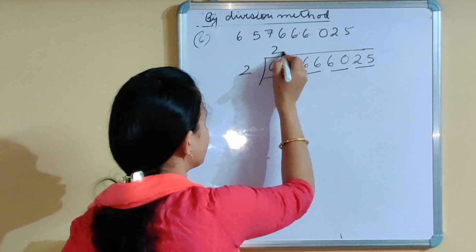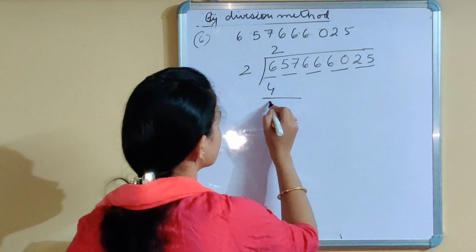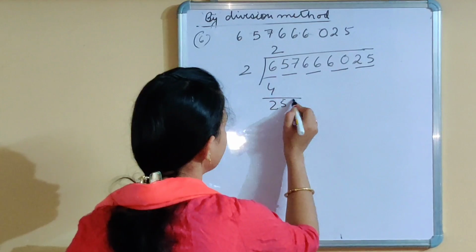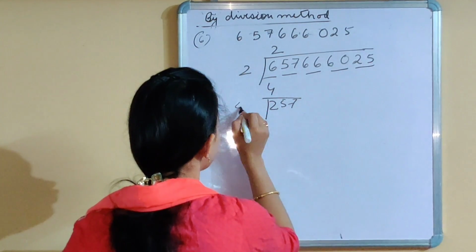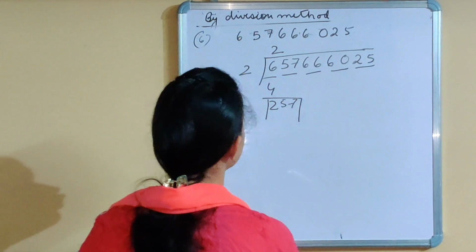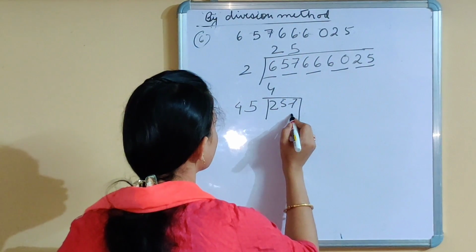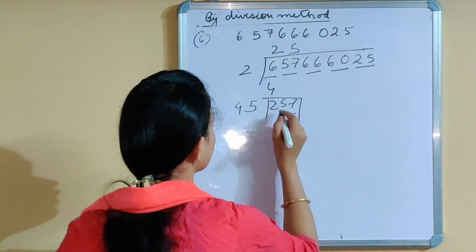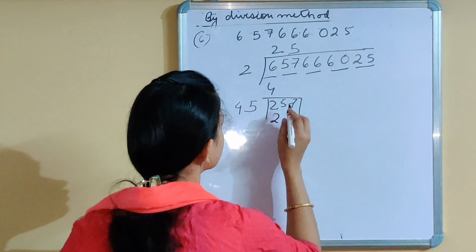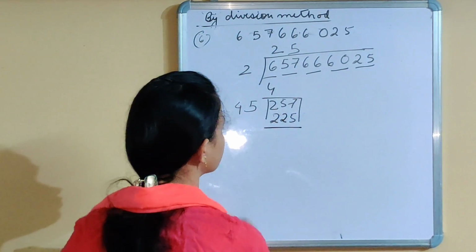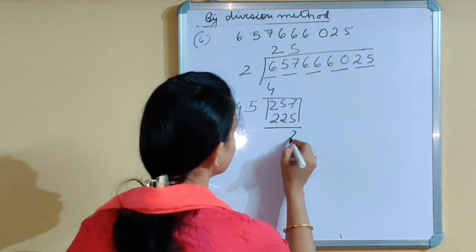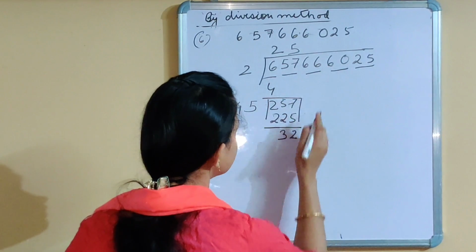So definitely I am going to give here 2, 4. So it is 2, 57. So double of 2 is 4, and here I am going to give it here 5, 5, 25, and here it is 22. Okay, then it will be 2, it is 3, and again 66.